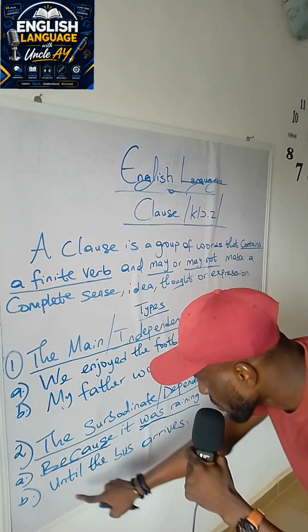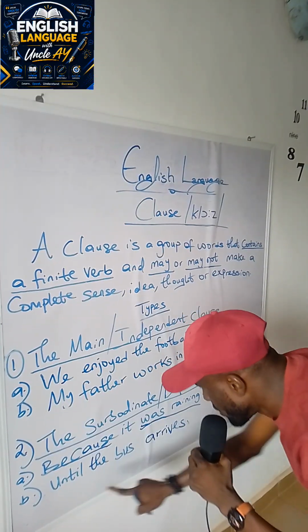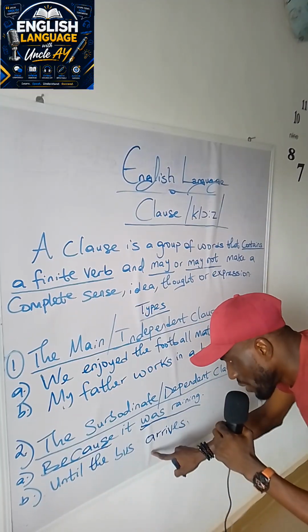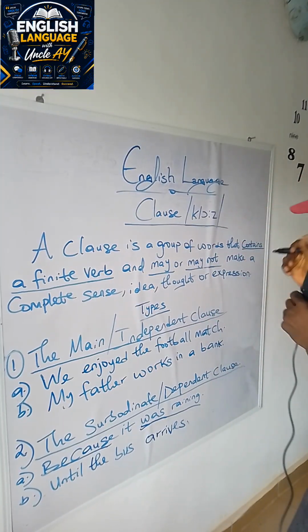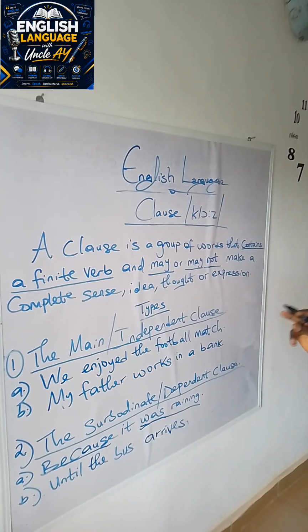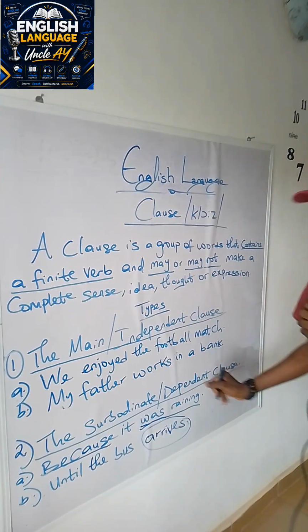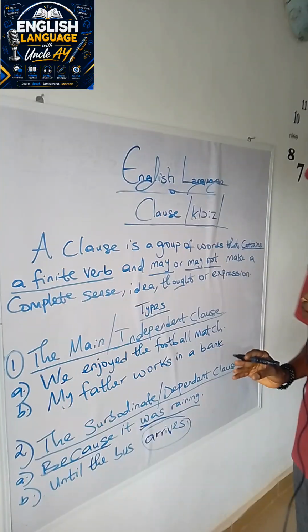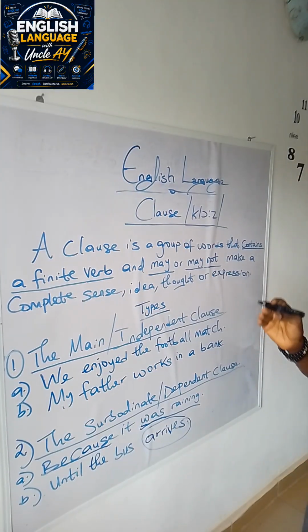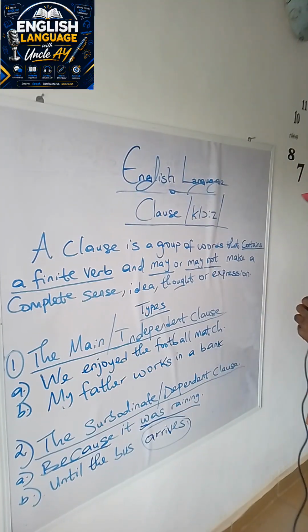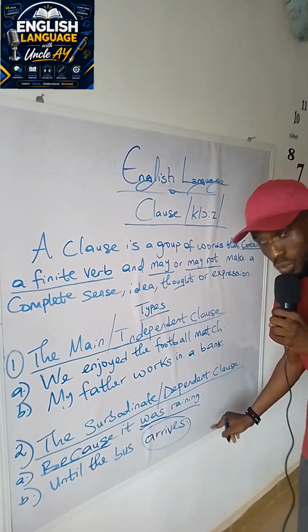So the next expression here says, until the bus arrives. Now if you look at this expression well, you find that it possesses a finite verb in arrives. But just like the first one, it is still unable to make a complete idea, sense or thought. Yes, it is incomplete because there has to be more to it.